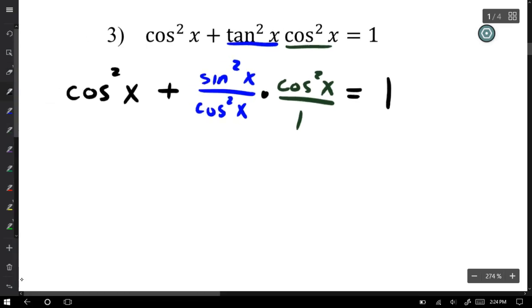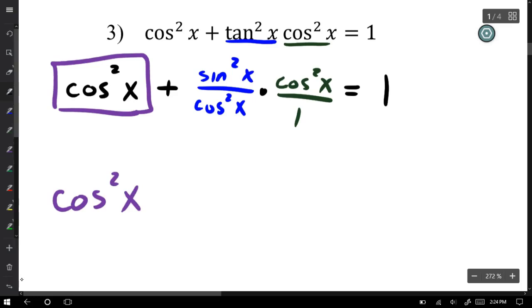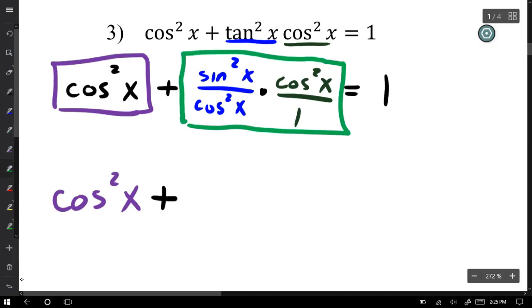Why is this helpful? Well, I now have 2 terms. This one, I'm not going to do anything with. I'm going to keep cosine squared of x plus. If I look at this one, I see it's all multiplication. So I can cross out common factors in the top and the bottom. So that cosine squared goes away, and I get sine squared of x equals 1.